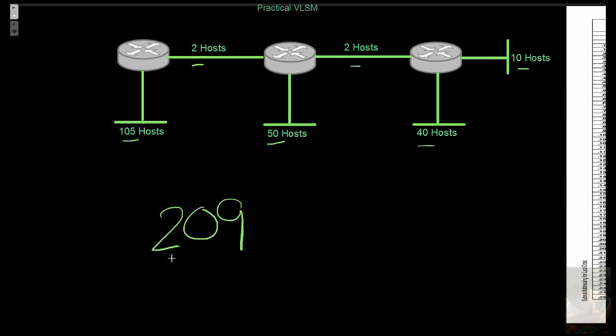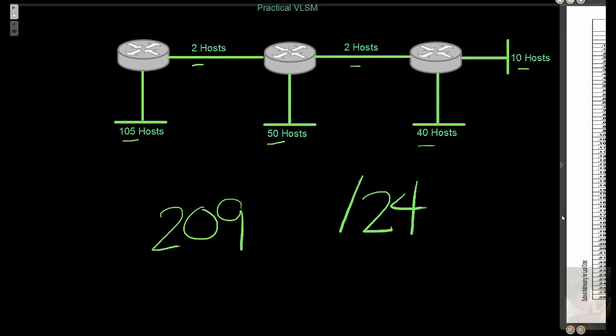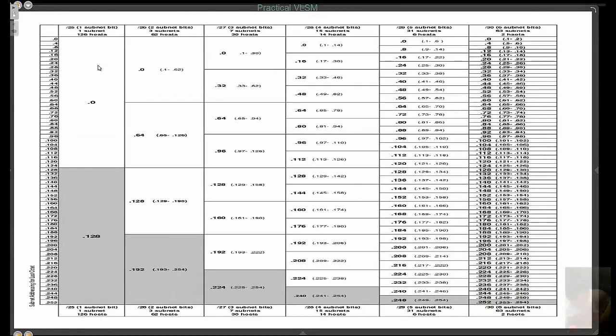That's all I need is 209 hosts. So that means all I need is a /24, and I can divide them from there. That doesn't work because remember, these guys have to divide into certain predetermined blocks depending on what bits you have borrowed.